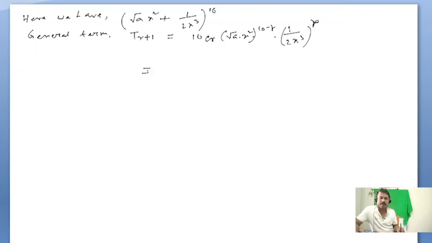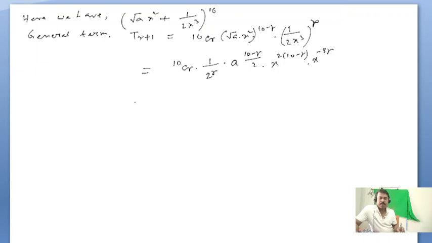That is 10Cr, here we have 1 by 2 to the power r into a to the power (10 minus r) divided by 2 into x to the power 2 into (10 minus r) into x to the power minus 3r.